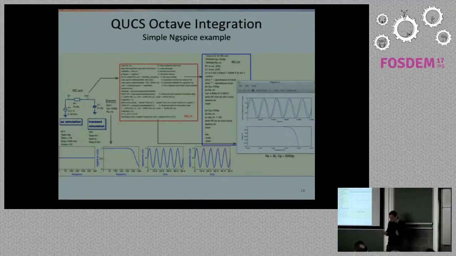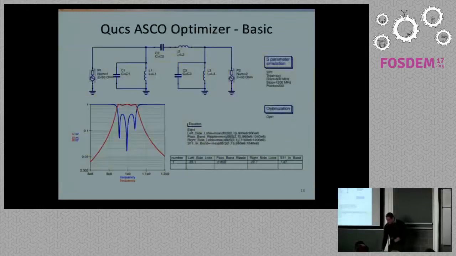And this is the part of moving data into Octave. But then to bring this data back into parameters or input parameters of your circuit, we use a fitting tool or an optimization tool. And this is a simple example. We have a bandpass filter where the coefficients or the parameters of this passive network, they are parameters.